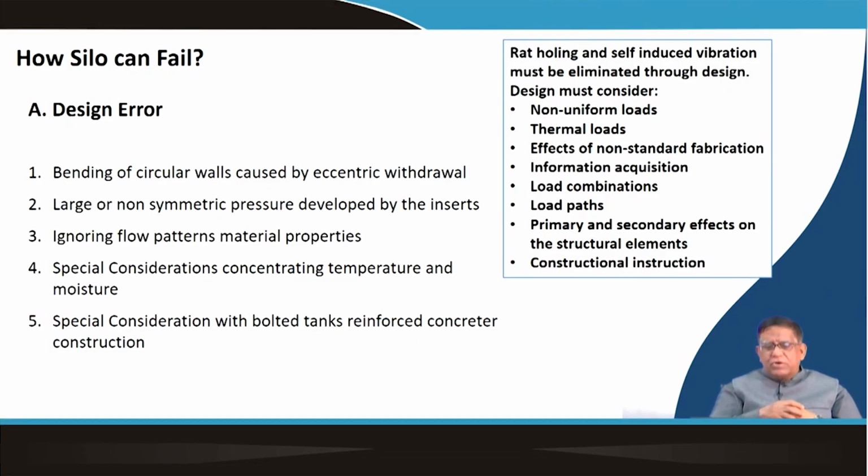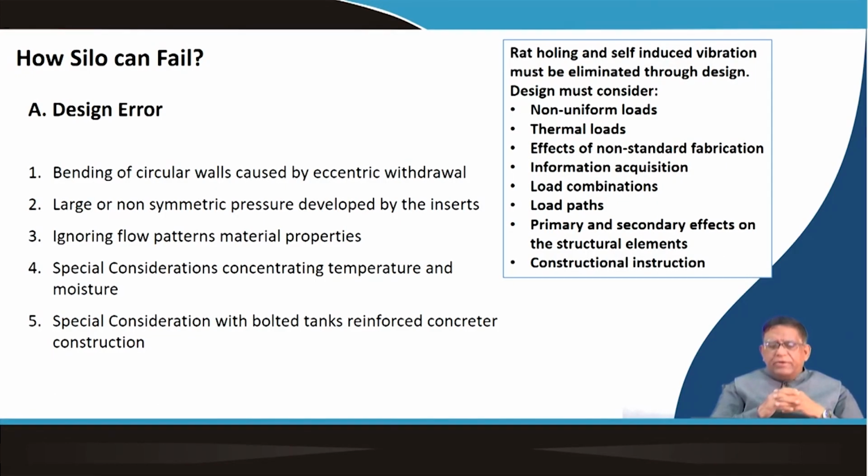And the load combinations, that means your structural load, dynamic load, wind load, all these different loads, if you are not considering them at the time of designing, it may be a problem. Then the load part: in which way the load is distributed to the supporting frame, where the load is coming from, directly, indirectly, partially, those things also matter.